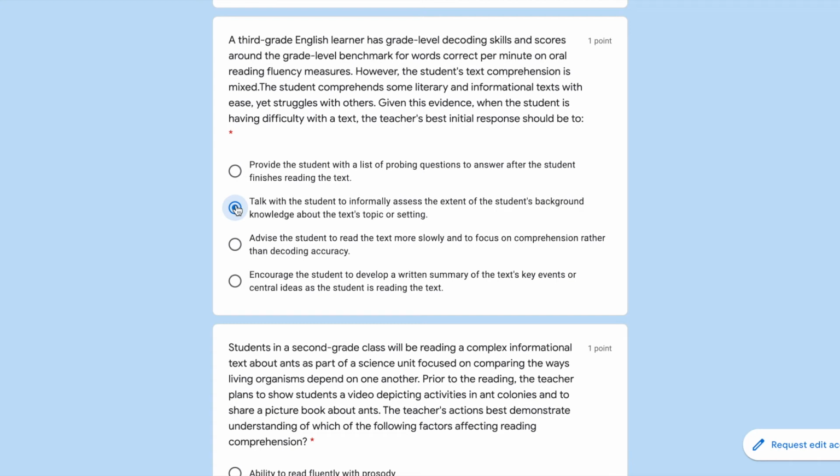So a teacher can informally assess the extent of a student's background knowledge about a text topic or story setting as a way to determine the amount of instructional support the student may need in order to gain or clarify or deepen the understanding of the text. And that's exactly what's happening here in our option letter B.